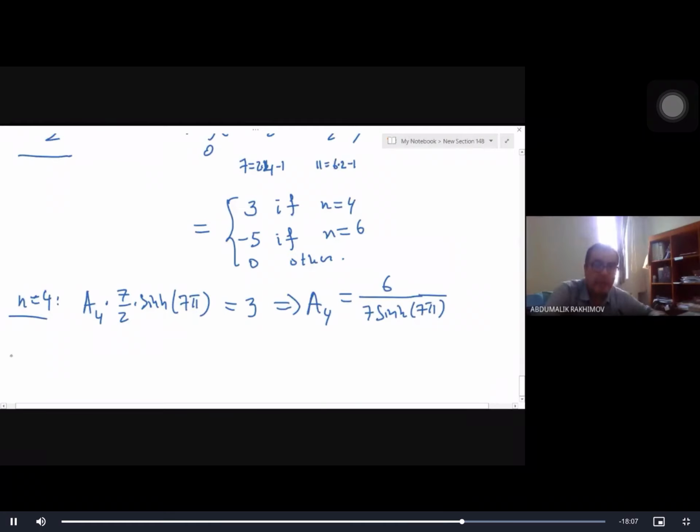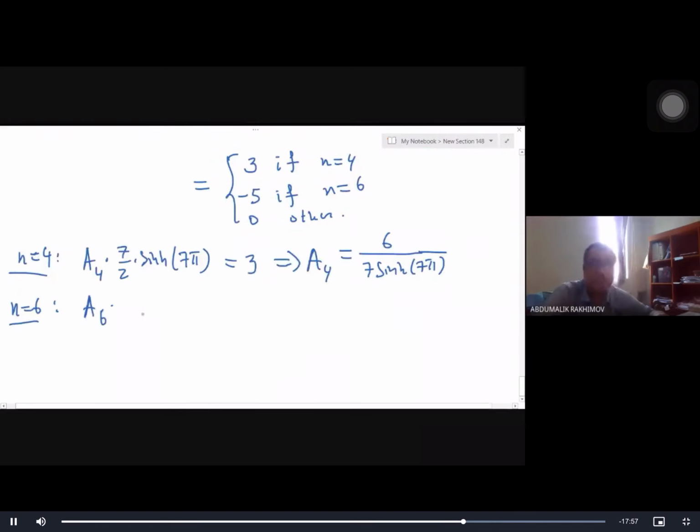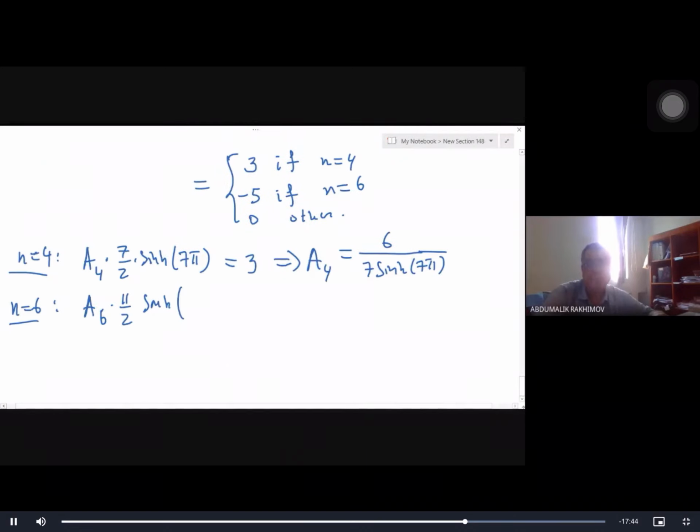When n equals 6, I have a_6 times 11 over 2 sine hyperbolic 11 pi, and this is equal to minus 5.